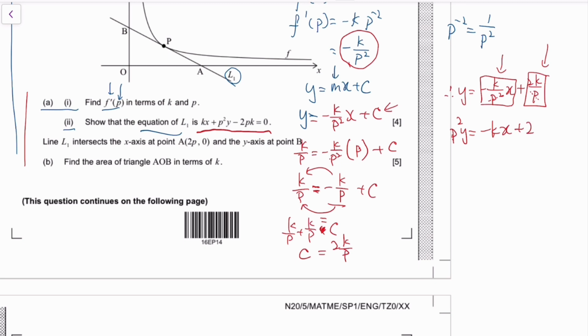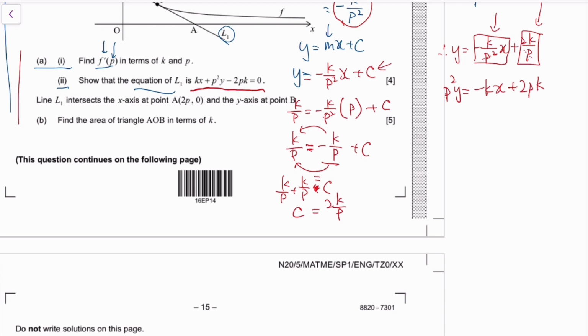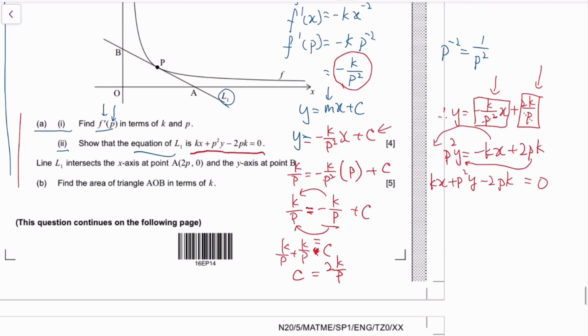So it's 2pk. And then you add everything to the left. So you move this to the left, it's kx plus p squared y. And then you move this to the left, it's minus 2pk equal to 0. Okay? So this is already not easy. I keep saying that. So take your time.